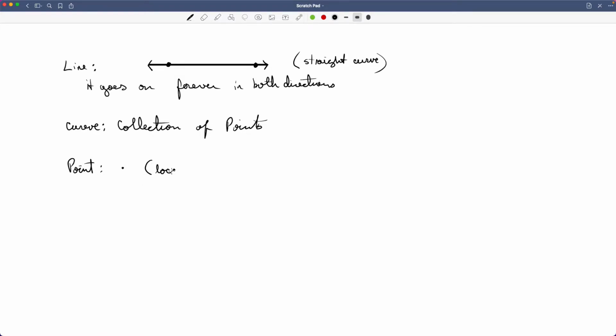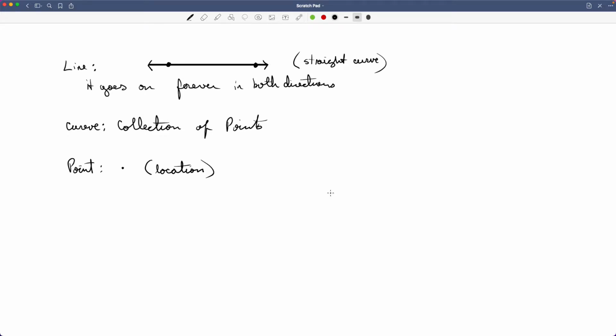You could just say it's a location. Think when we say decimal point or we say 4.7, we're really just saying the location or the place between the whole numbers and the fractional number or the part of a number. So the point here represents a location in space.